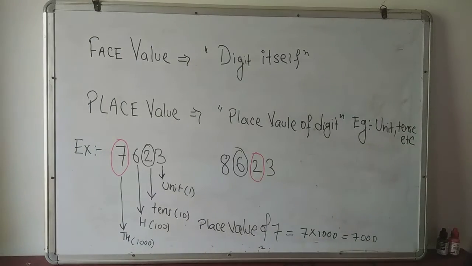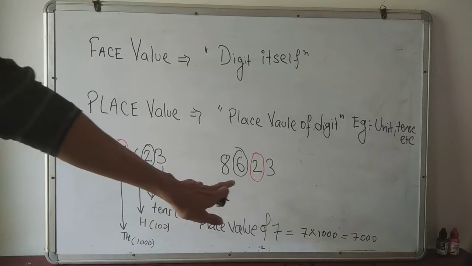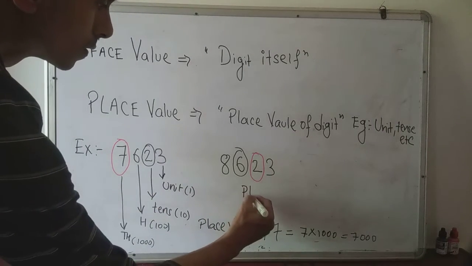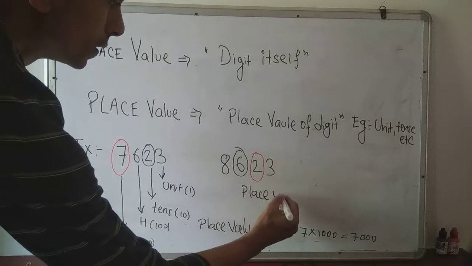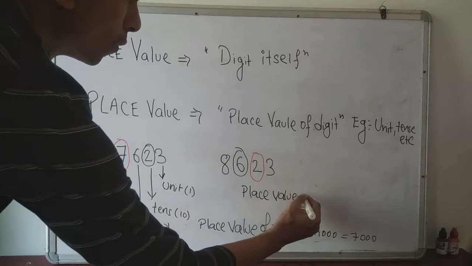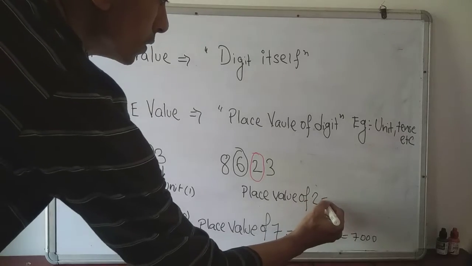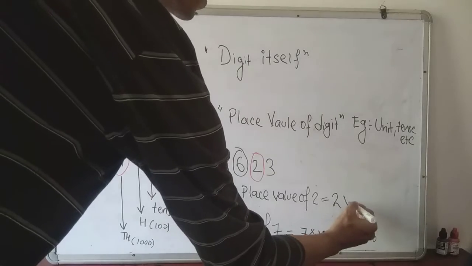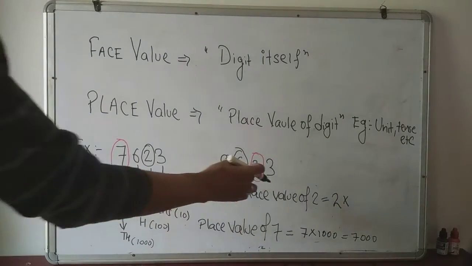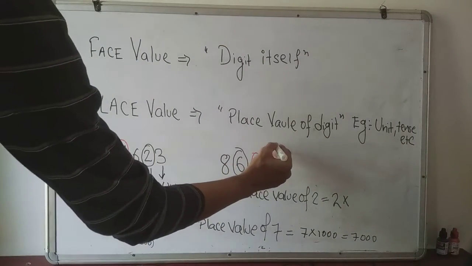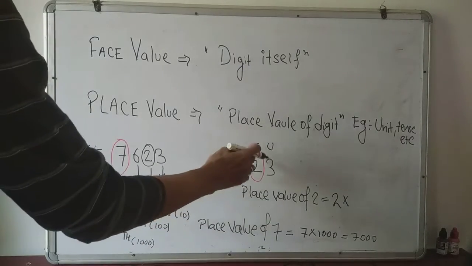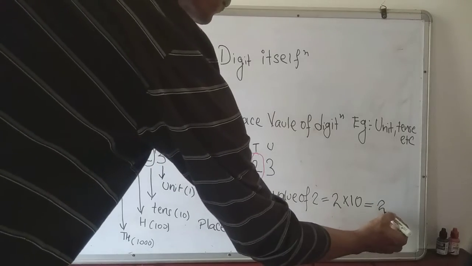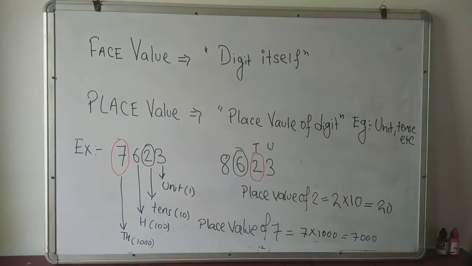Similarly, if we find the place value of 2, what should we do? First we write the digit itself and multiply with its place value. 2 is in which place? The tens place. Tens means 10, so we multiply with 10 and we get the answer 20. I hope you got it very well.